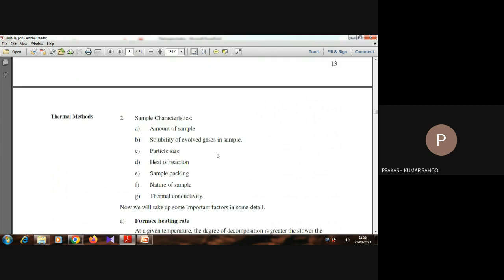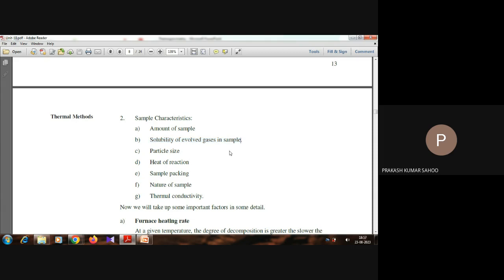Then what are the sample characteristics or factors? The amount of sample taken. Then solubility of the evolved gas in the sample. Say calcium carbonate liberates carbon dioxide gas, and if carbon dioxide is soluble in calcium carbonate, then there will be an error.